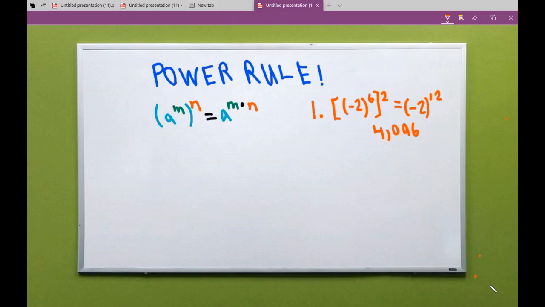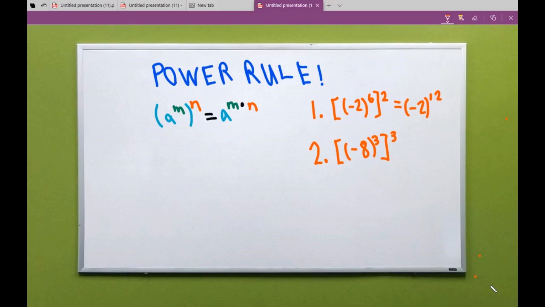Okay, so for number 2, we have -8 in parentheses raised to the third power, and all this entire power is raised to the third power too.